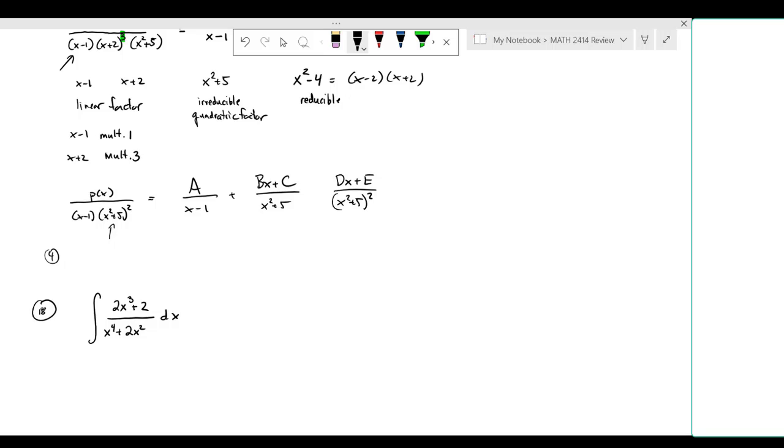Can we go ahead and use partial fraction decomposition now, or do we have to use long division? We can go ahead, because the degree on top is 3, the highest power of x. The degree on bottom is 4. So the degree on top is strictly less than the degree on bottom. We can go ahead and use partial fraction decomposition to write this as a sum of simpler rational functions.